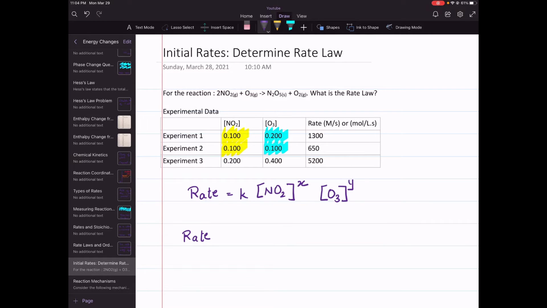And I'm going to do rate 1 divided by rate 2. And that will give me a whole number, and that's why I'm picking rate 1 over rate 2.